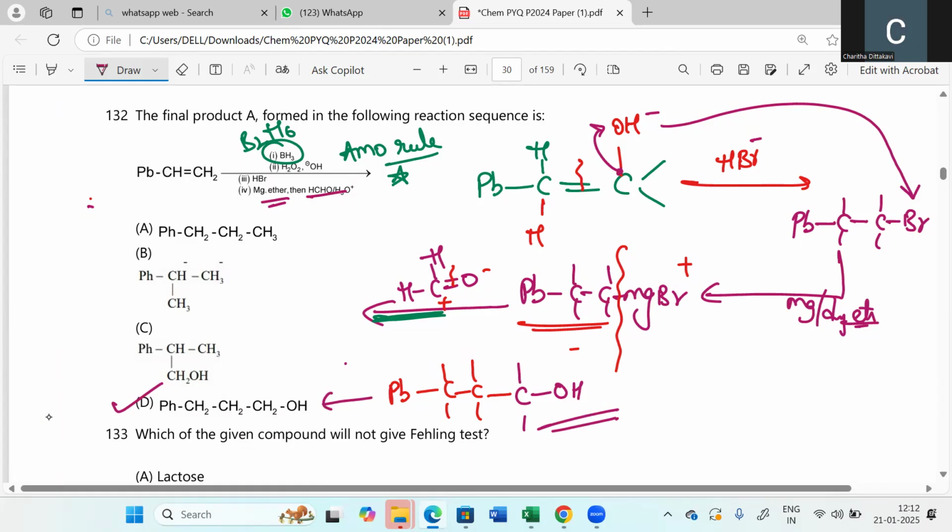Option D. Right? So each and everything, just go with your reagents that are given to you. B2H6, BH3 is shown, so just go with B2H6. B2H6 in the peroxide, go with the AMO rule, anti-Markovnikov rule, and then water addition. You will show addition reactions, okay, and do it with the anti-Markovnikov rule.